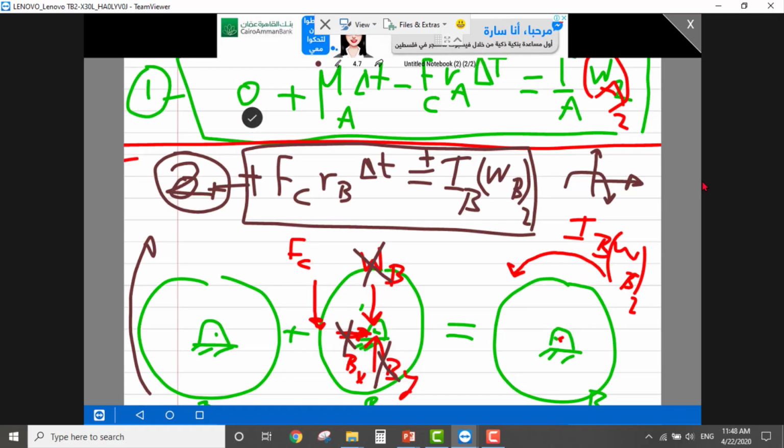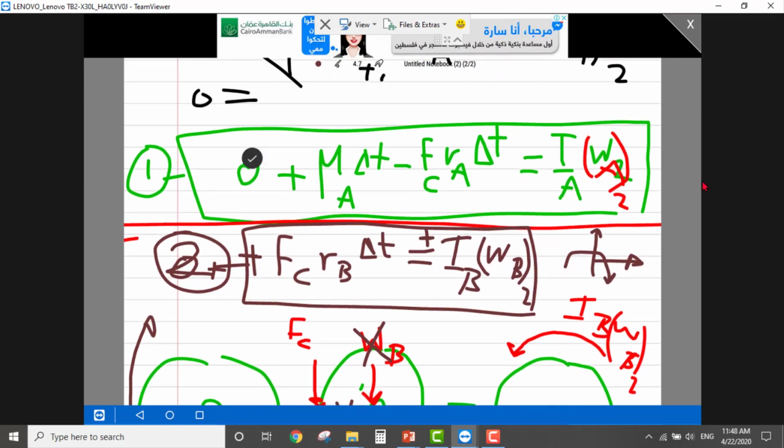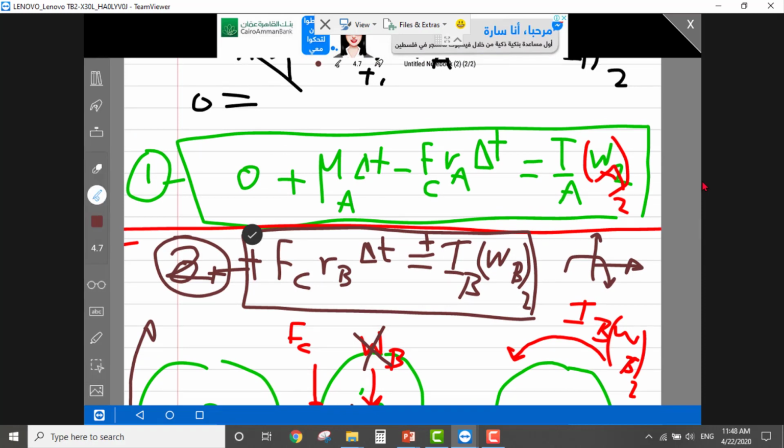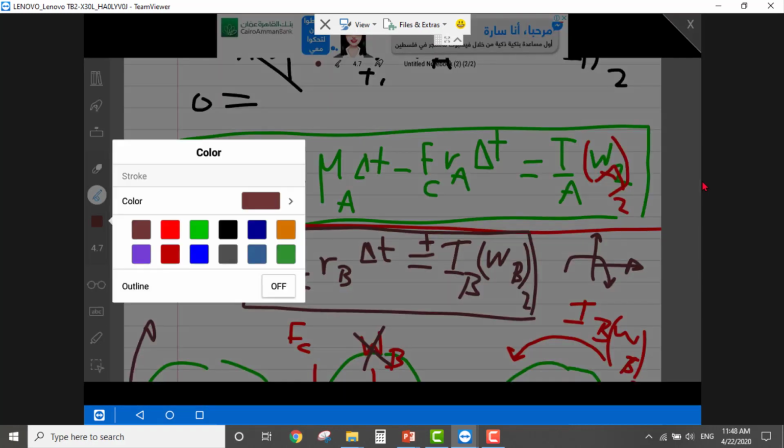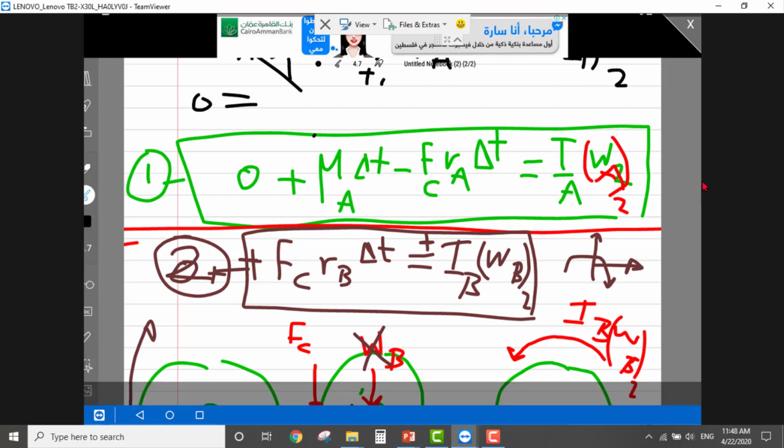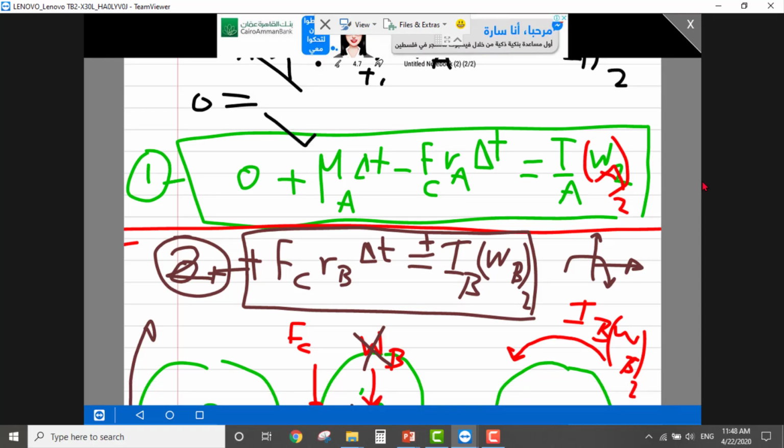Now let's take a look at these two equations. Moment about A is given, time is given, the reaction force due to contact between the two gears is unknown, and the radius and delta T are given. I can calculate I because I have the radius of gyration.